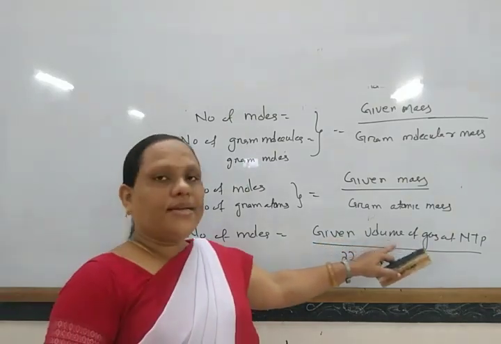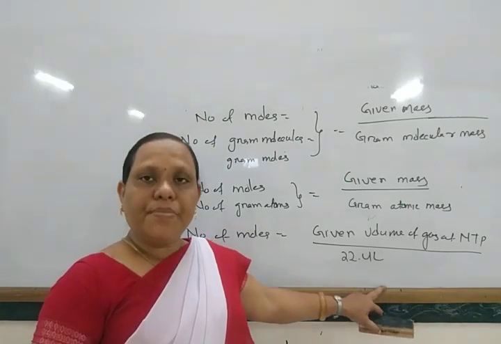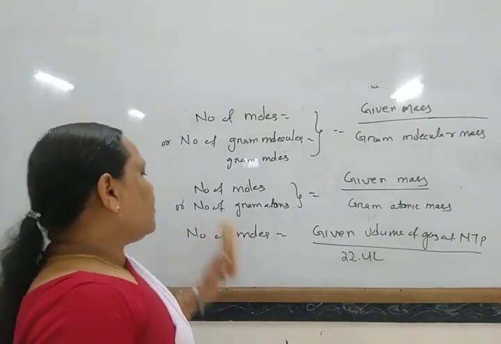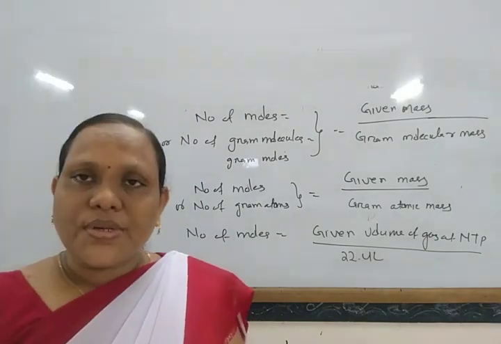If this is given in liter, fine; if given in milliliter, you have to express 22.4 liter in milliliter. In this way you can find out the number of moles.